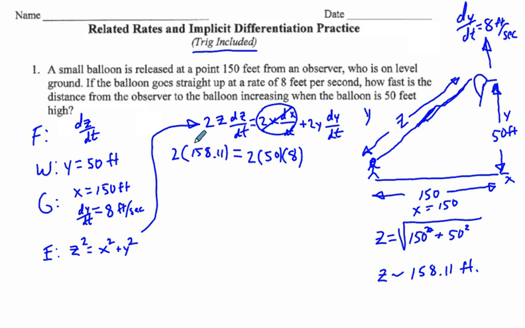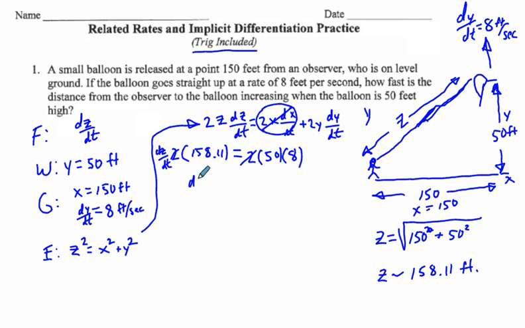And that's going to be dz dt. So 2 times 158.11 dz dt equals 2 times 50 times 8. So we have 2 divided by 2, cross out these 2's.